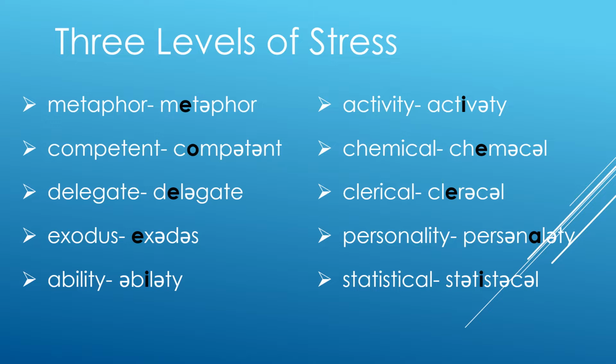Clerical. Personality. Statistical. Okay, so that's these words. I hope you can start to hear the three levels of stress: primary, secondary, and unstressed.